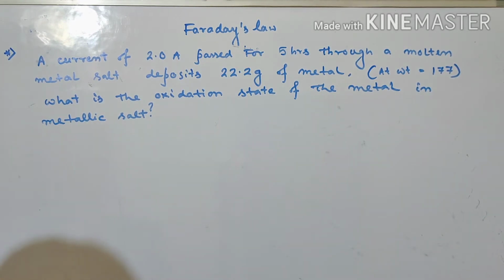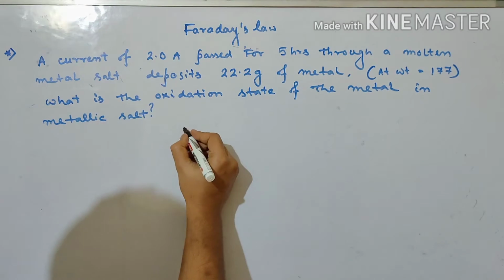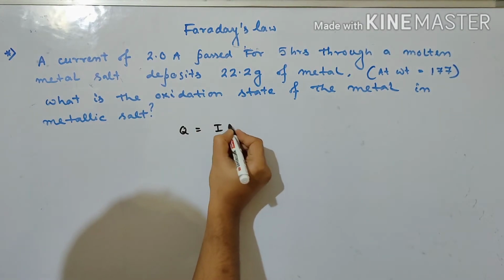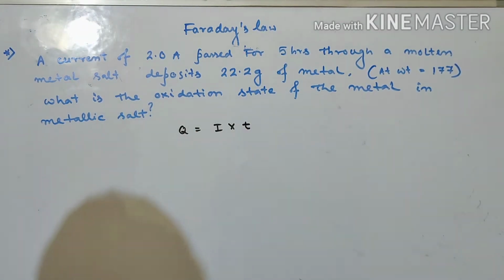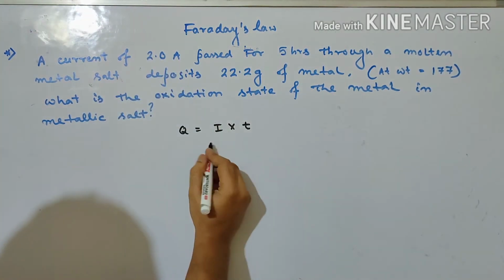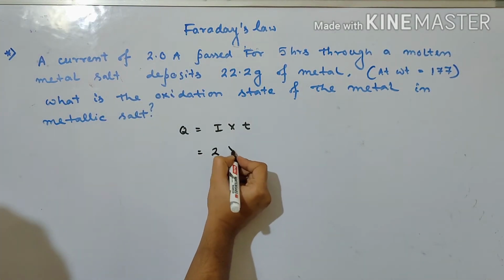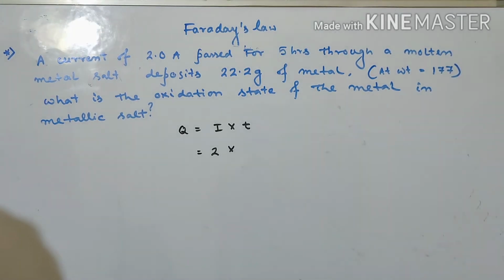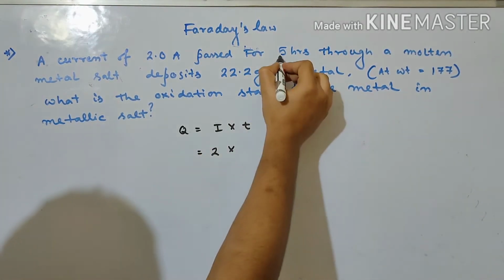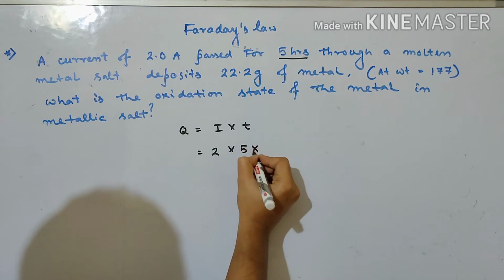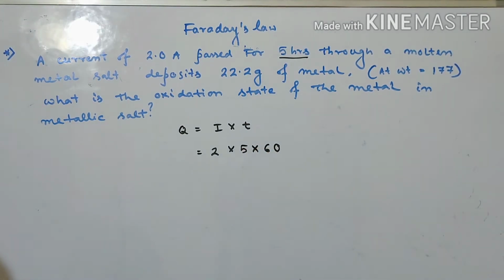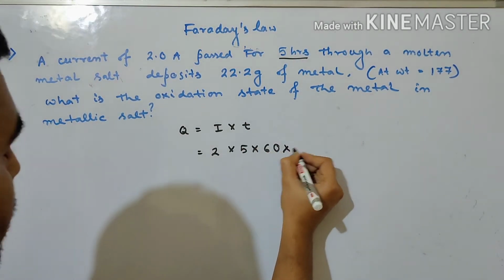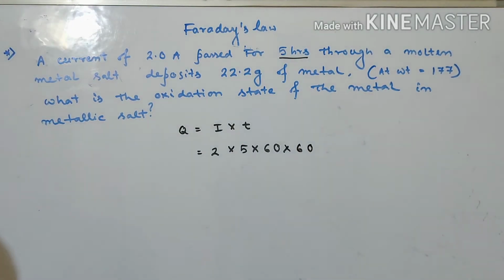So first thing first, let us calculate Q. Q is equal to I into T, and I, as you could see, is 2 ampere multiplied by 5 hours, so 5 into 60, that is minutes, which should be further multiplied by 60, which is seconds.